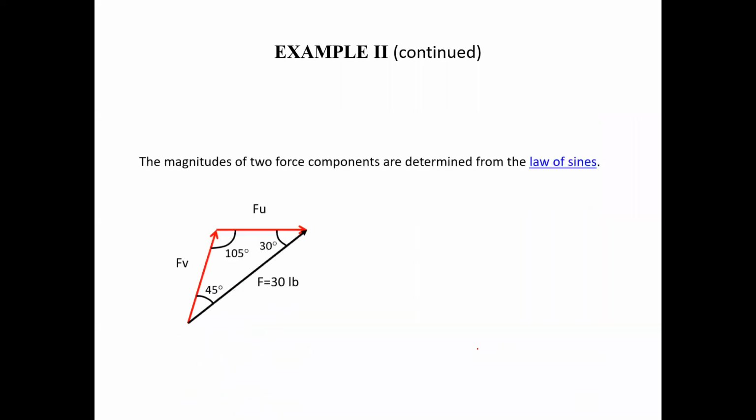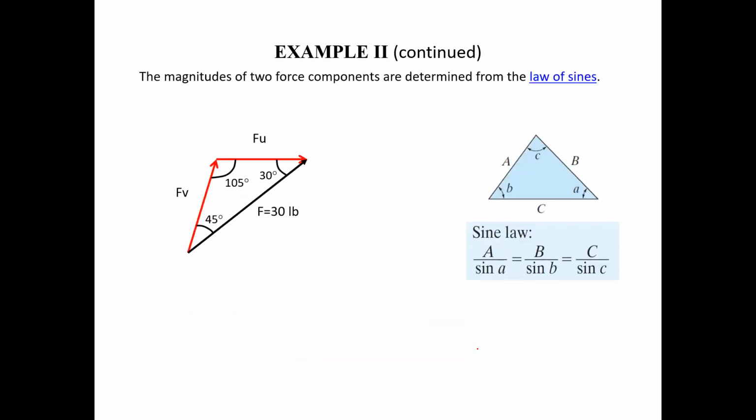So now, how do we solve for F sub u and F sub v, right? So we can use, as I said earlier, the knowledge from our geometry or trigonometry to solve such problems, right? So let's use law of sines here, or sine law, right? So what is sine law?